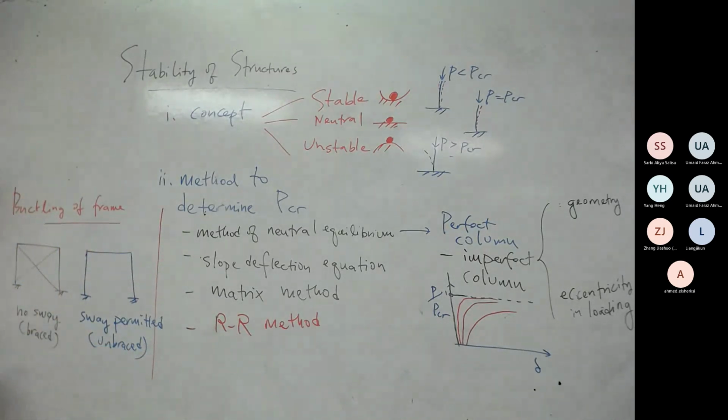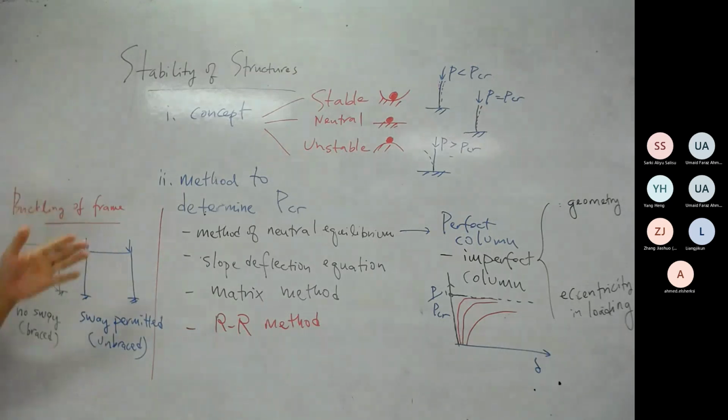So when we talk about buckling of frame, you have this, if you have a loading applied here. What happens to the frame when the load is equal to P critical? What will be the buckling mode?